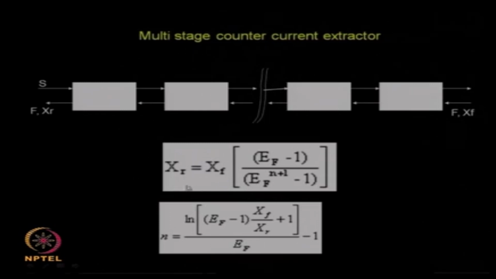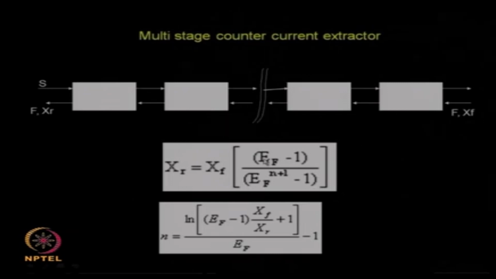If you remember, this is the equation which I showed a few classes back, where XR and XF are related by this particular relationship, where E is the efficiency of extraction. We will assume that the efficiency is constant in each stage and the quantity of solvent or feed does not change when it moves from one stage to another stage. That means the miscibility of the solvent and the heavy is 0.